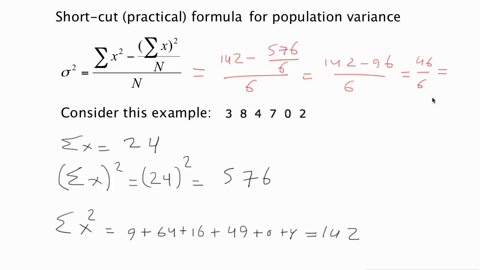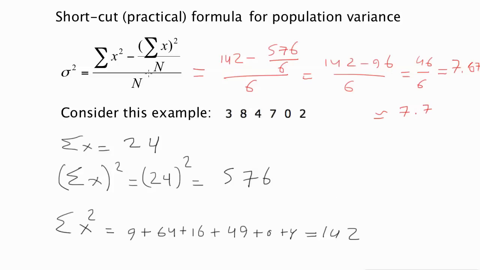That's approximately 7.6. We can say 7.7 approximately. It's 7.6667, but I don't have a space here, so I'll just say approximately 7.7. Okay, so that's how we do it without calculating the mean in the beginning.